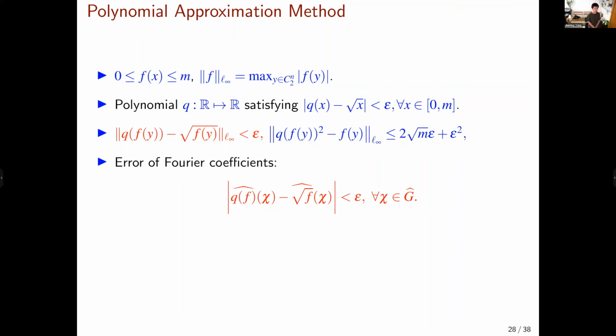So the composition of q and f gives us a good estimate of the square root function, and it's easy to compute. We remark that if the sparsity of f is s, then the sparsity of the composition of q and f is at most s to the power of the degree of q.